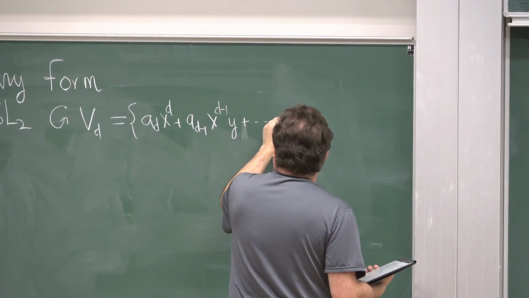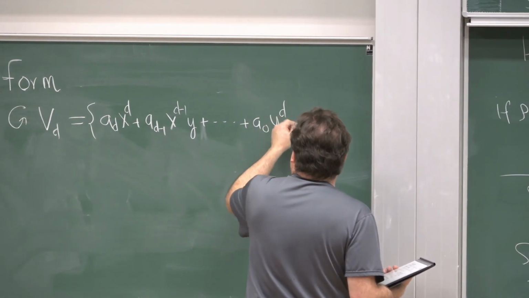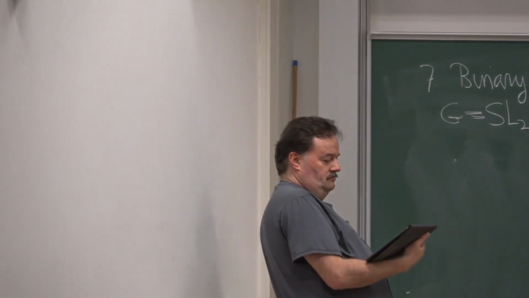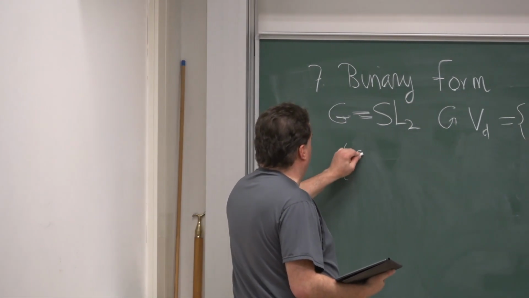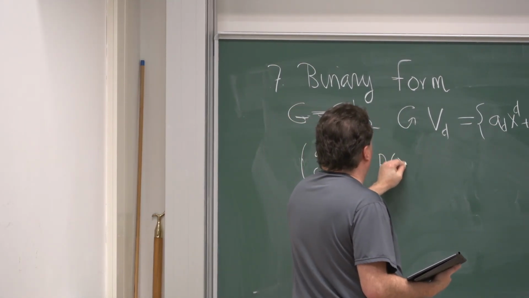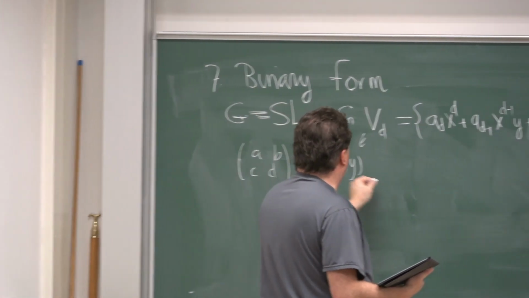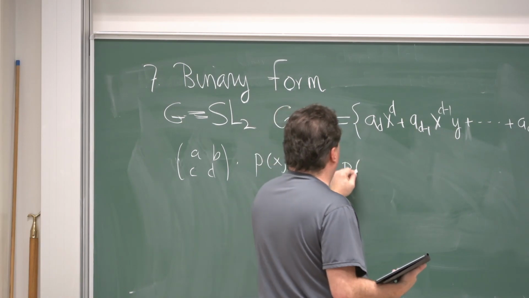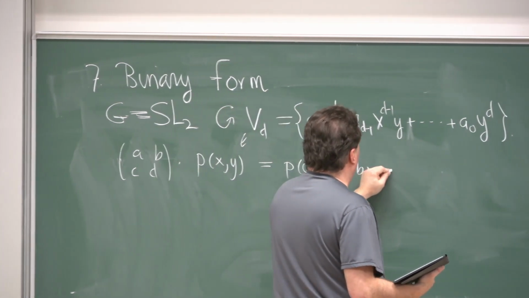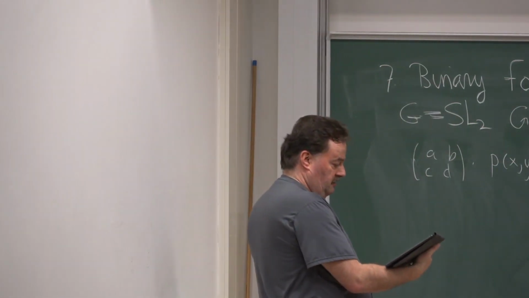So this has been studied a lot in the 19th century. So the action is given by the different ways you can let it act. But if you have some polynomial P that lies in V_d, then this matrix acts by P(aX plus cY, bX plus dY). That makes this a left action, I think.